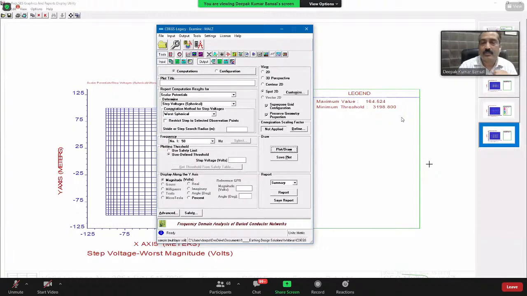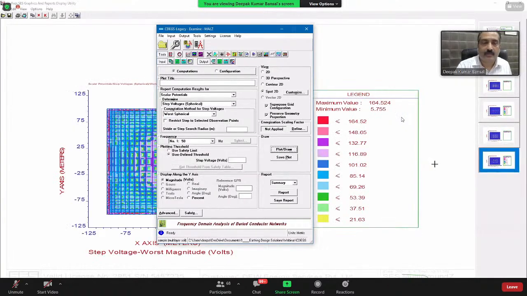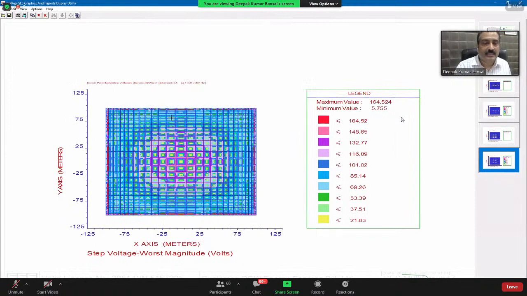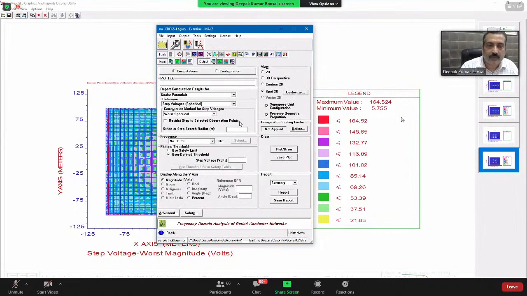And if you want to see, this is the step voltage pattern in the entire grid. So we have seen safety limits, touch voltage, step voltages, everything which is very important.